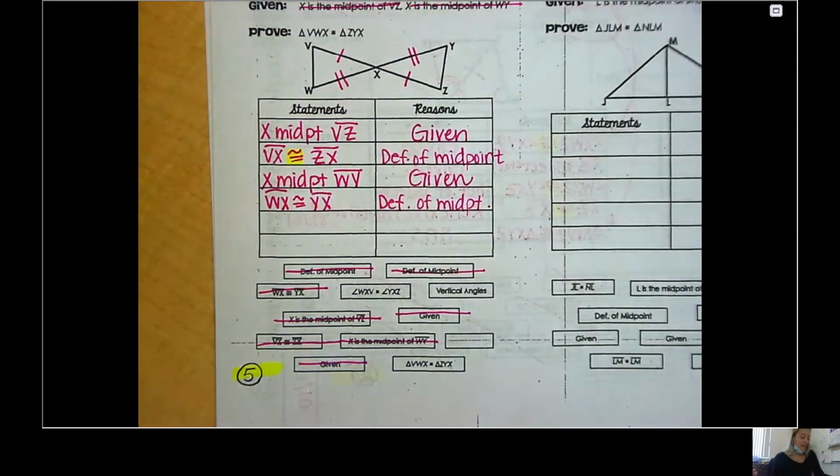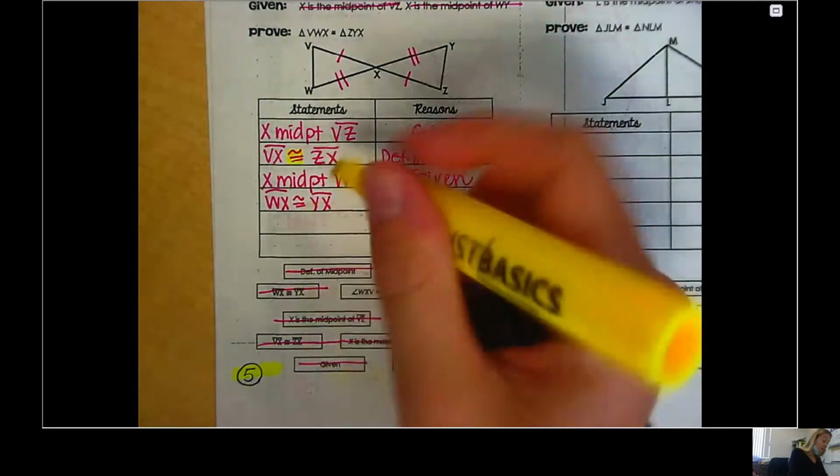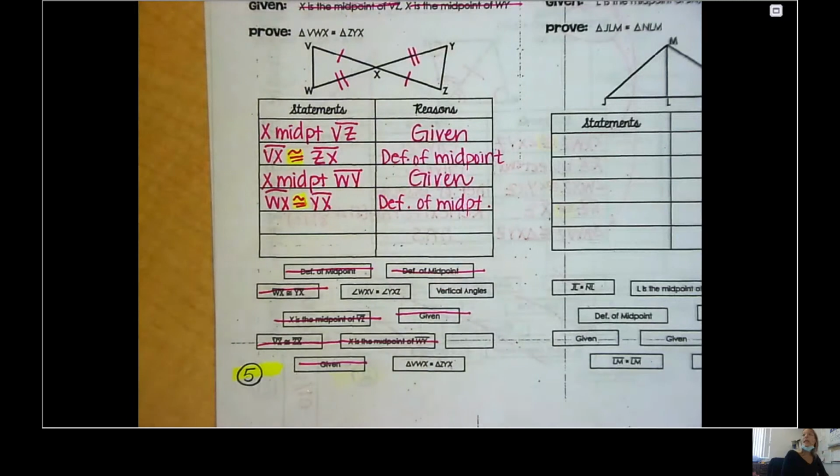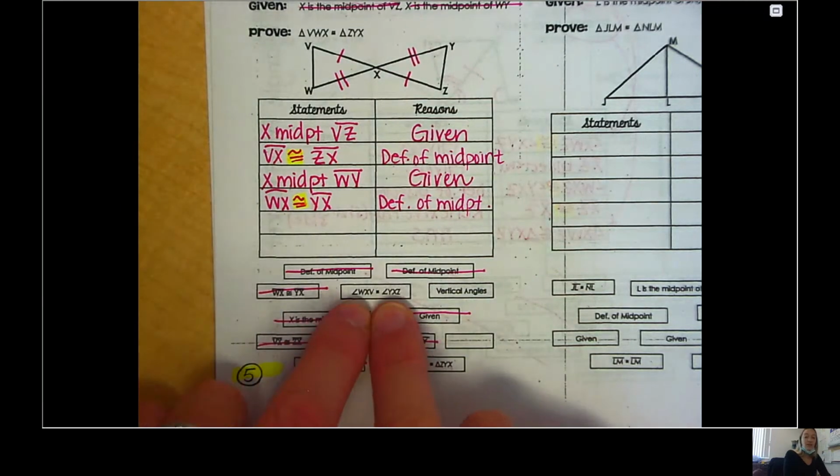All right, now, even if you didn't know what the next thing was, even if you went, oh my gosh, I'm stuck, now what? There is only one statement and one reason left that you can choose. What is the last statement that's left over? Yes, these two angles are congruent. And what's the only reason that's left? Vertical angles.